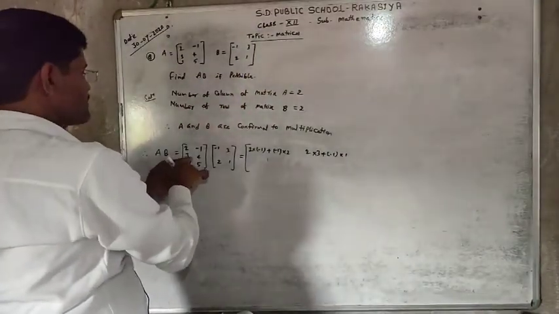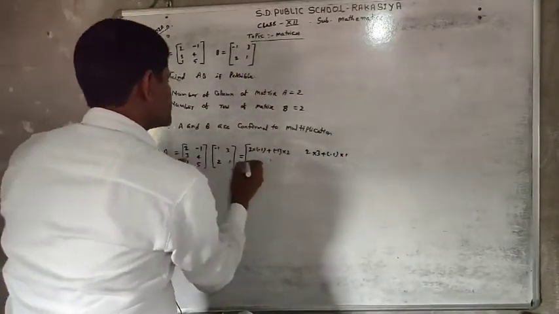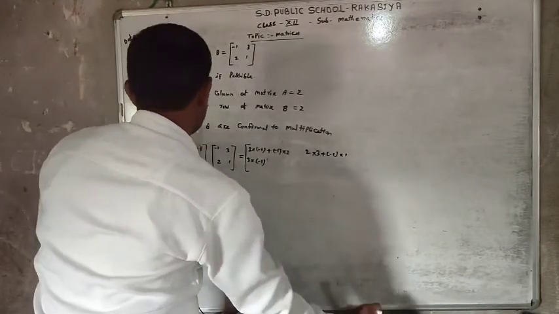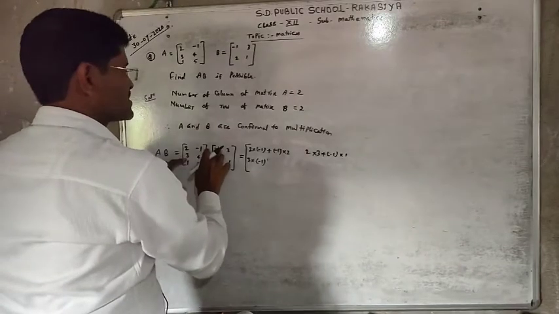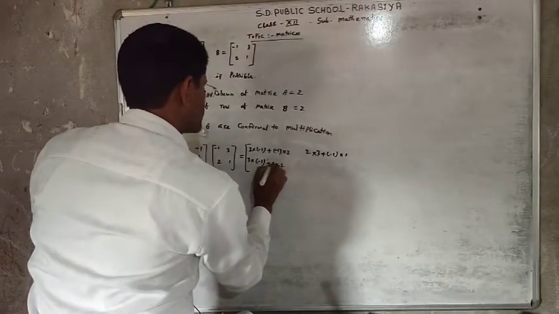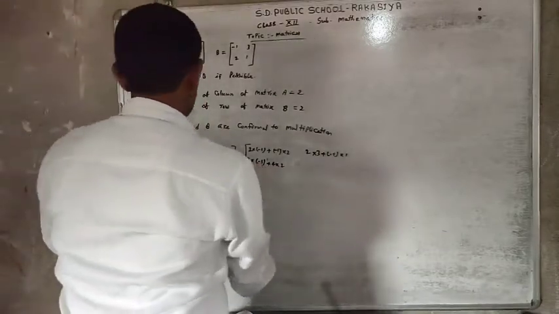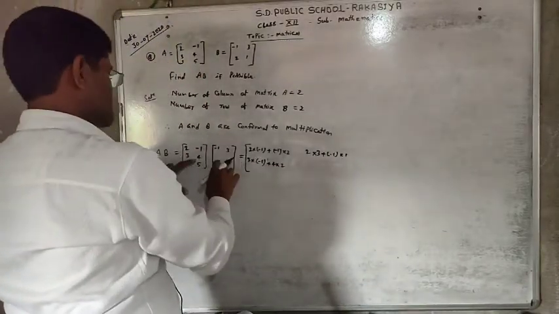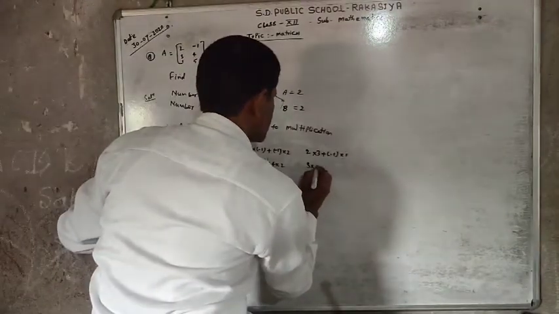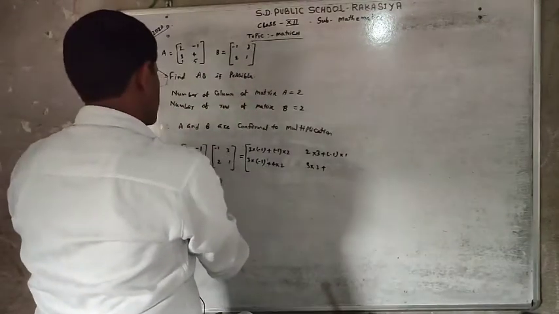Now from the second row, 3 is multiplied with -1 and 4 is multiplied with 2. 3 is multiplied with the second column of matrix B, which is 3 into 3 plus 4 into 1.